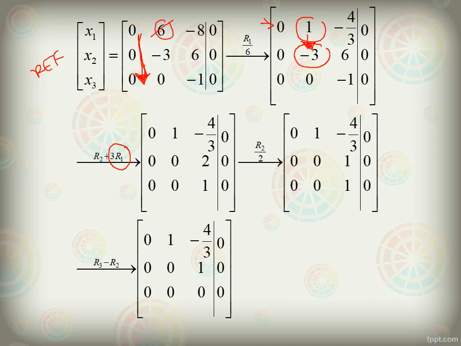The condition for REF is that the number 1 of the next row must be on the right of the diagonal 1 in the previous row. So this should be 0.